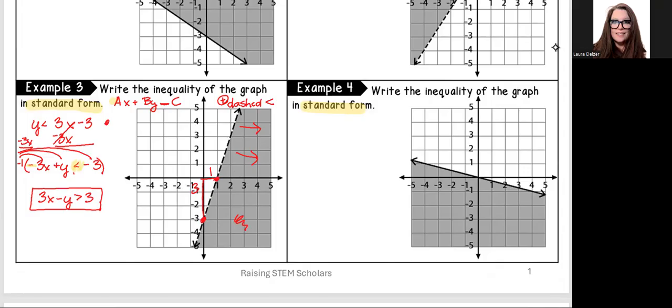Okay, let's do this last one. It says write the inequality of the graph in standard form. Well, the first thing we see is it's going through the origin. That makes us pretty happy because that means my y-intercept is a 0. So when we go to write y equals mx plus b, this b is going to fall off because it's a 0.